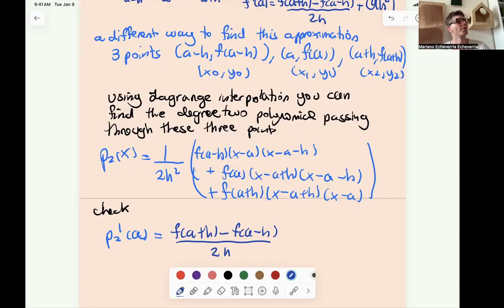So you can turn things around: you could start with Taylor's formula to find approximations for the derivatives, but another way to approach the problem is to find a polynomial first, find the derivative of that polynomial, and use that as an approximation for the derivative.